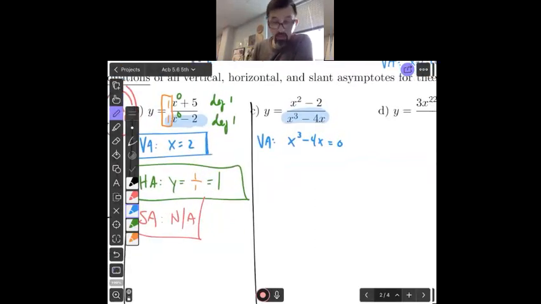We need to solve that. So in order to solve it, we need to factor. You should see that there's an x in both terms there, so we're going to take that x out. So it's x squared minus 4 equals 0. That's the difference of squares in there. So x plus 2 and x minus 2 equals 0. So then each one of those gets set equal to 0. So x equals 0, x equals negative 2, and then x equals positive 2.